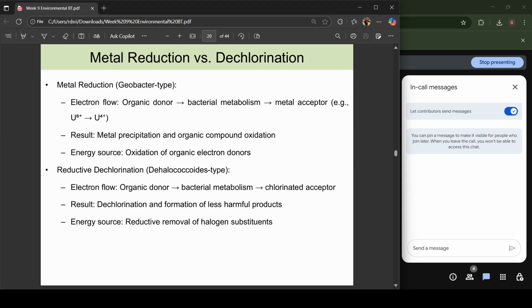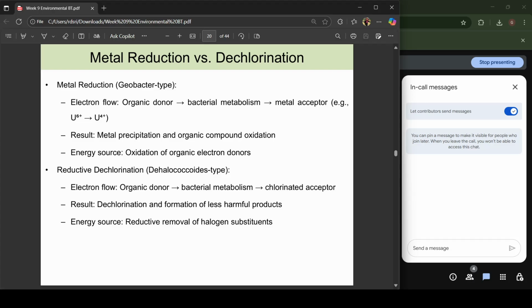So here in metal reduction, the electron flow is from the organic donor to the bacteria and finally to the metal acceptor. So the electron flow from uranium 6 plus to uranium 4 plus follows electron donor to bacteria to metal acceptor. The result is that the metal is precipitated and organic compound is oxidized.